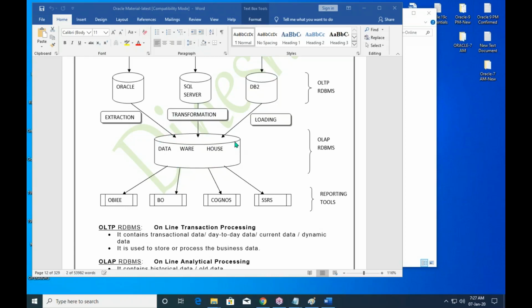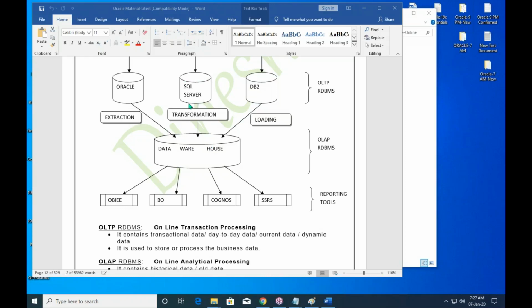We have to organize the data periodically. So the period is nothing but a quarter. After each quarter, for example, presently we are in January. After March 31st, the data is loaded. Listen, the data is loaded from OLTP. This is OLTP. From here, the data is loaded into the data warehouse.